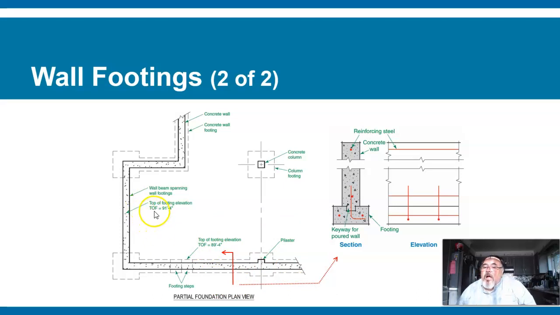And here it says top of footing elevation at 91 feet 4 inches. So 89, 90, 91. So at some point from here to here, the footing went up in height. Right here it says the footing step. Here it is, you see it. So top of footing, here's the step, here's where it changes in height from one to the other.